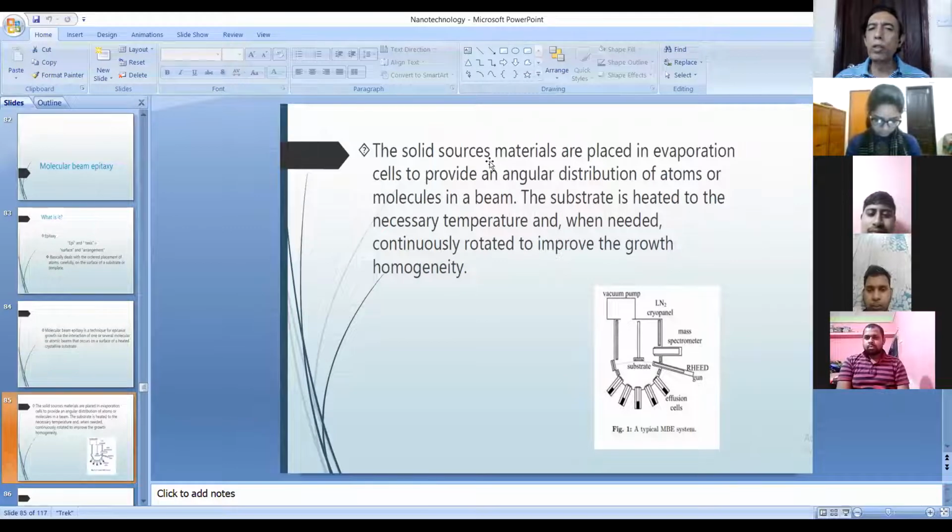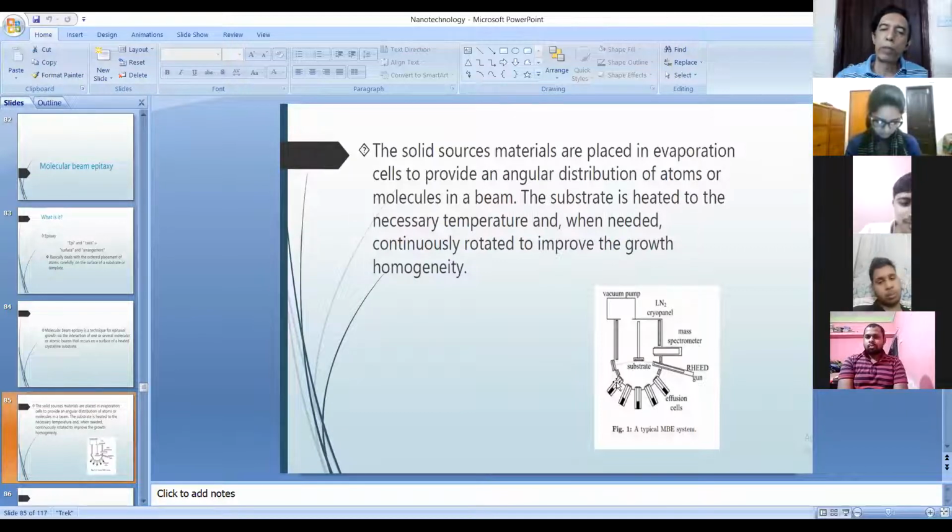So the solid source materials are placed in the evaporation cell. This is the evaporation cell. Here you see the black thing is solid gallium. Say, for example, this is the gallium evaporation cell. It is known as an effusion cell. Here in this molecular beam system, this is known as the effusion cell. So this is the solid gallium. What is done here?